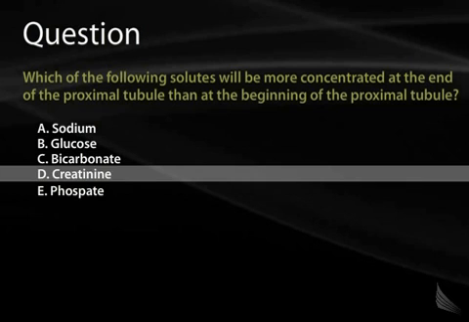Therefore, their concentrations will be lower at the end of the proximal tubule than at the beginning of the proximal tubule. The answer thus must be D, creatinine. While sodium reabsorption primarily occurs in the proximal tubule, sodium reabsorption occurs in an isosmotic fashion. Therefore, the sodium concentration will be the same at the end of the proximal tubule as at the beginning of the proximal tubule.